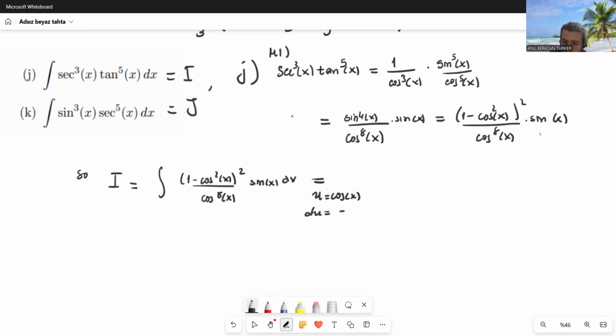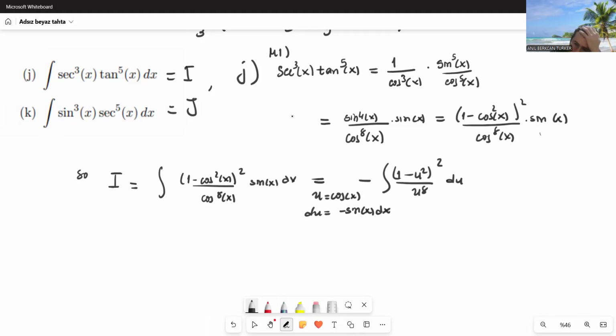Du becomes minus sine x dx. So it is just minus integral of 1 minus u square, squared, over u to the power 8 du. Is it easy to solve? Yes, it is very easy to solve.